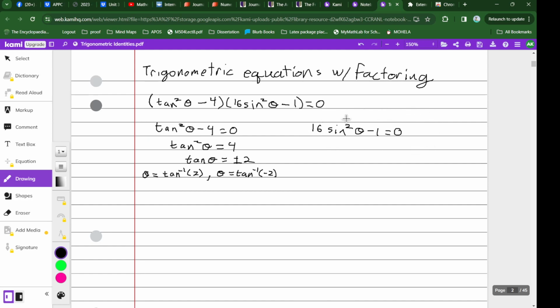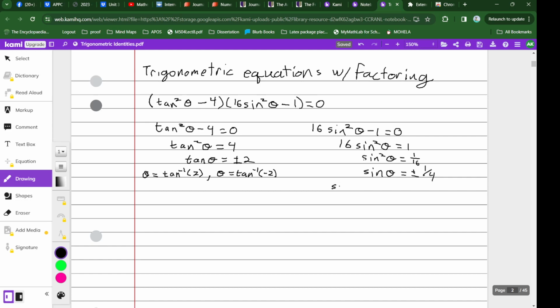On this side, we have 16 sine squared theta must equal 1. And then that means that sine squared theta must equal 1/16. And this tells me that the sine of theta must equal the square root of 1/16, which is plus or minus 1/4.